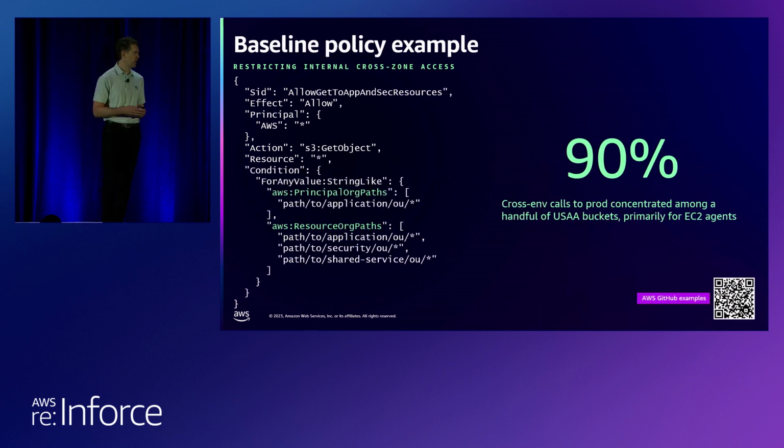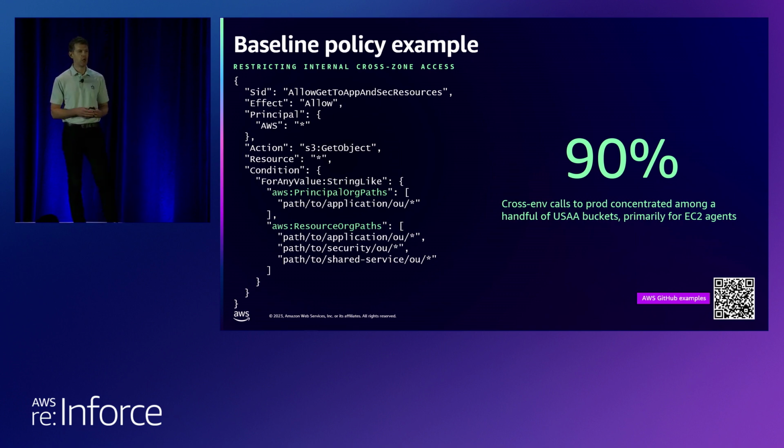That second type of policy is what we call a baseline policy. Baseline here means that no matter your application's use case, you're going to need access to certain resources, whether they're AWS-owned resources, maybe resources in shared buckets. And in our experience, nearly 90% of our cross-environment calls were concentrated among a handful of buckets, primarily for grabbing agents that we install on VMs.